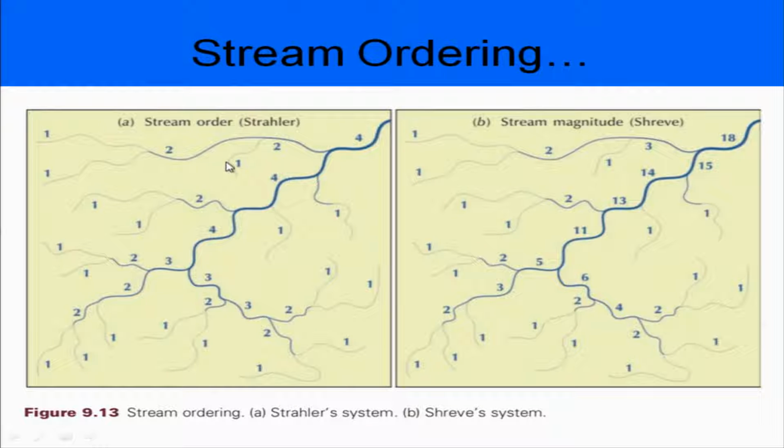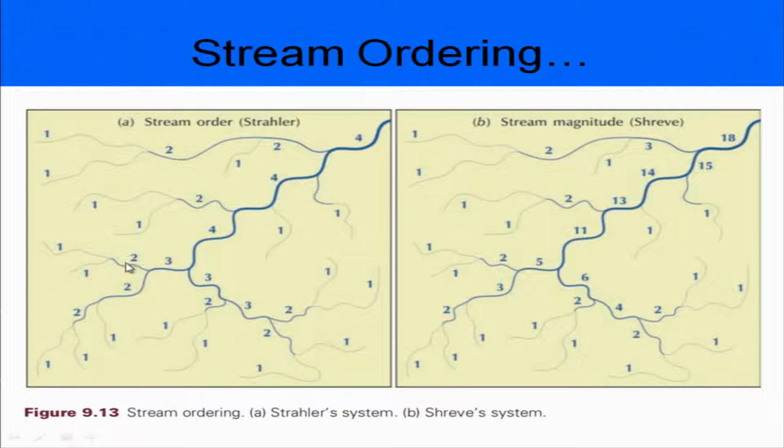A second order stream becomes higher order only when two second order streams meet, then it will become third order. And if you see this here, you will be able to understand.